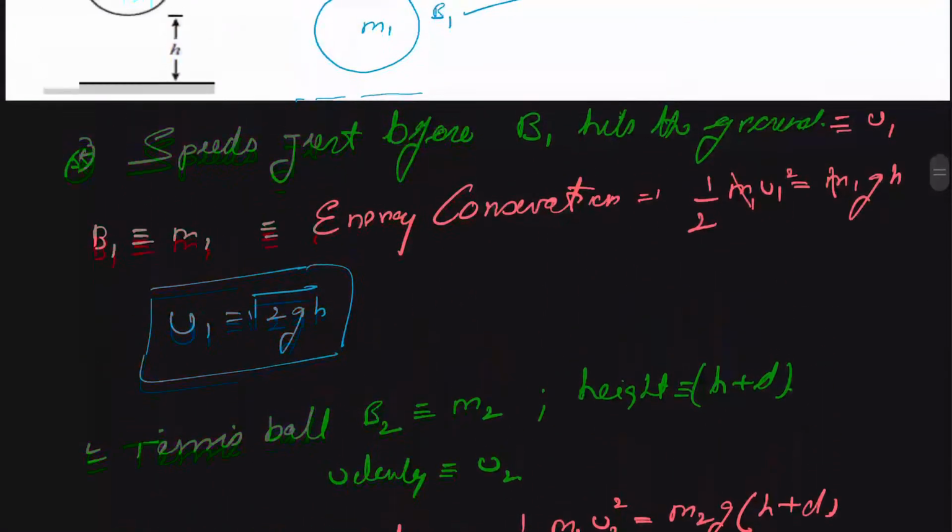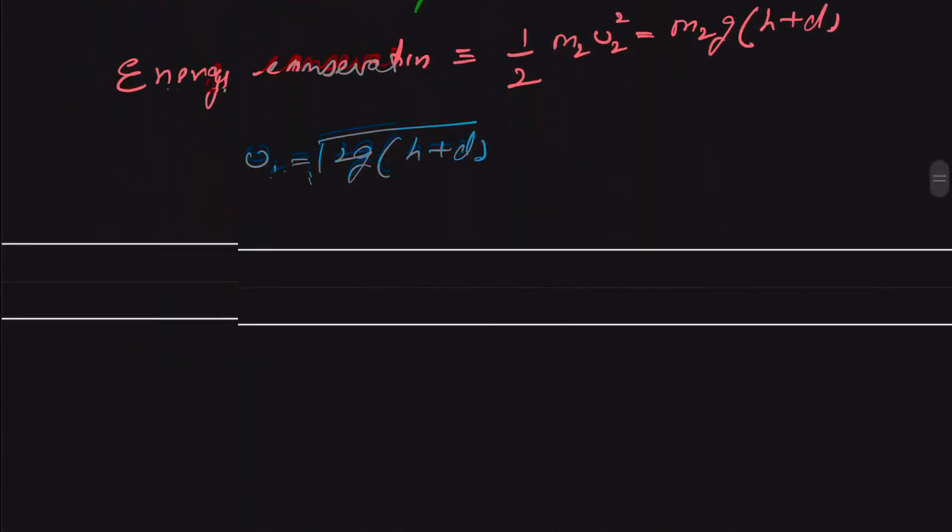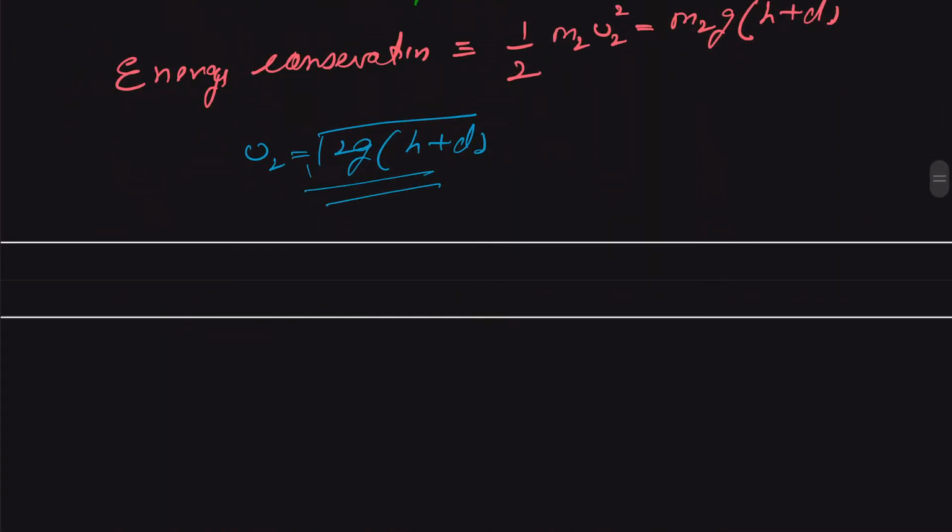But like I said, there is a small gap between the two. So from this we can say that the height h is much larger than the distance d. And so this is going to help us to resolve this particular equation.